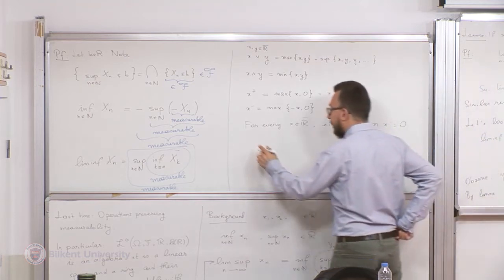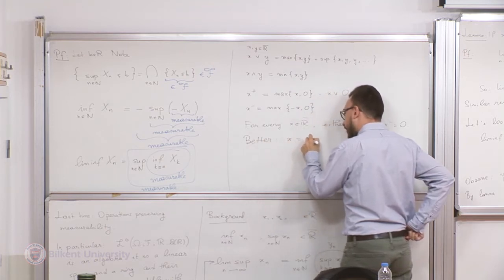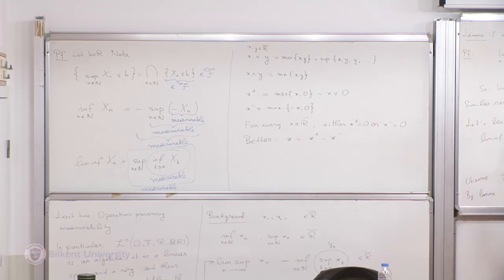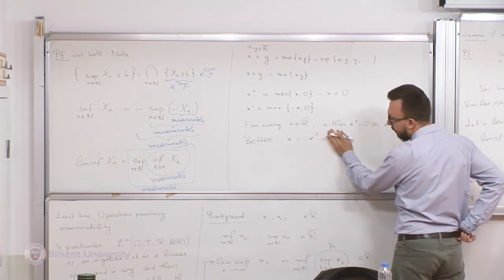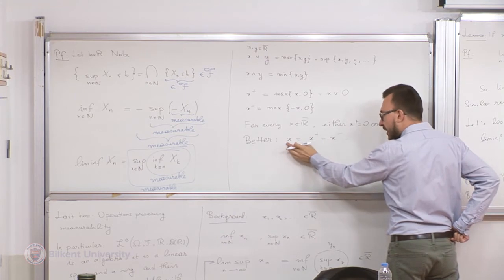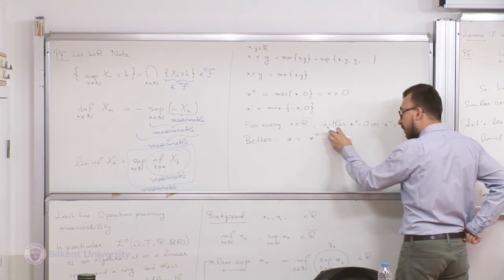And what is better is that x can be written as x plus minus x minus, because if it's a positive number, this part just disappears. Therefore, you have x equals x plus. If x is a negative number, then its positive part is 0, but its negative part is a positive number.